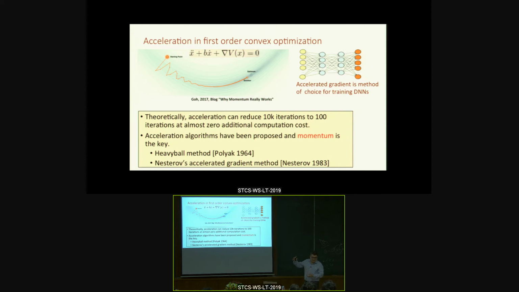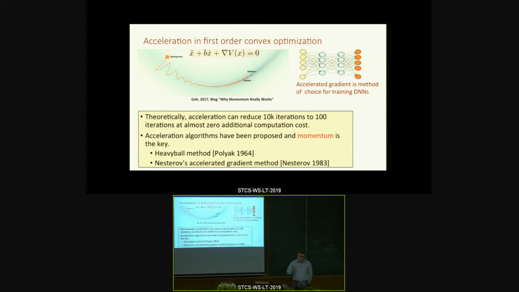So it's a heavy ball that is moving with some friction. That's the key idea. Most methods, whether you use some variant of SGD, always have this extra acceleration term there to speed things up. And they can help improve the iteration complexity, or number of iterations, by several orders of magnitude.